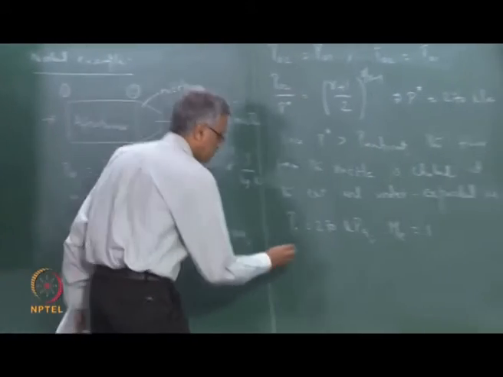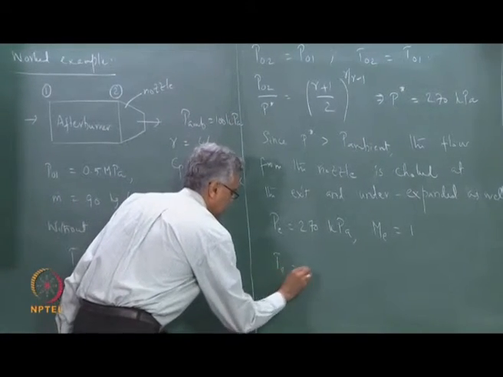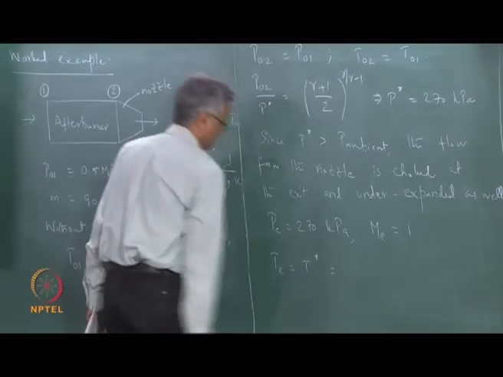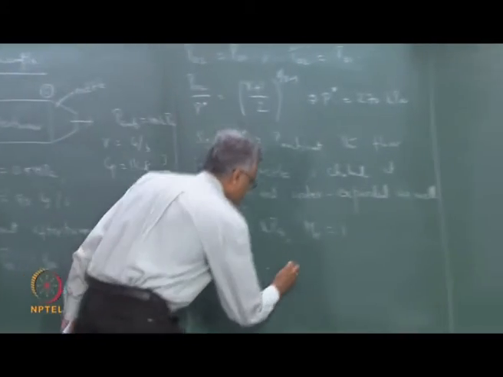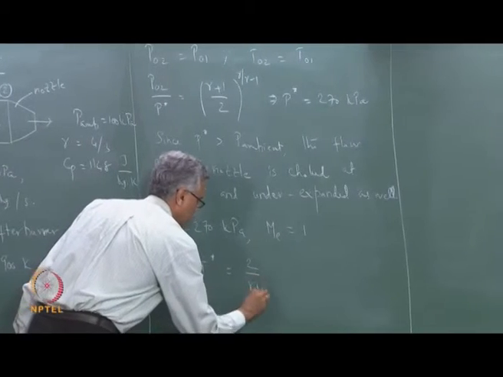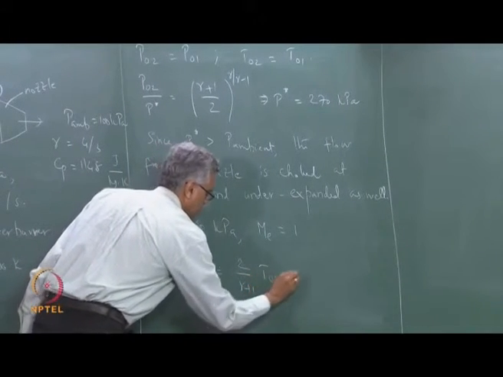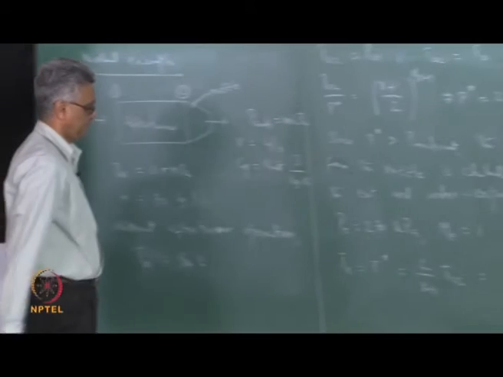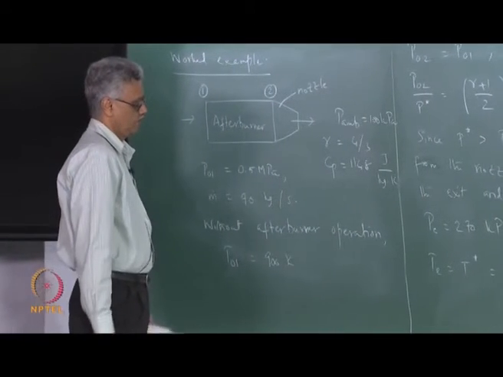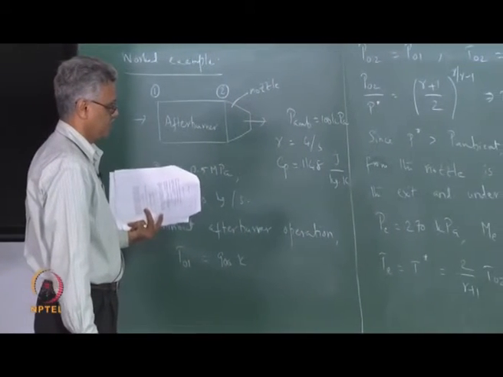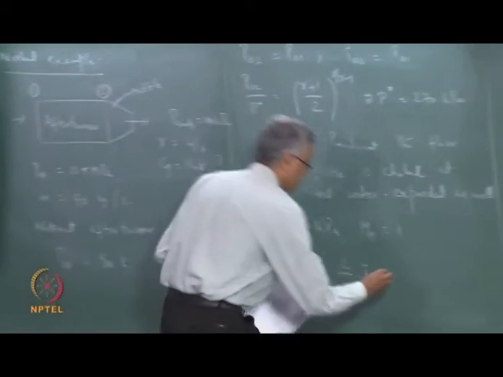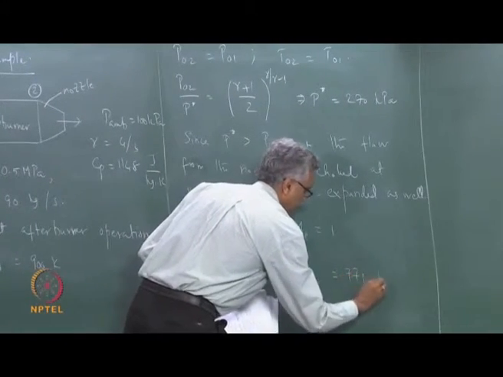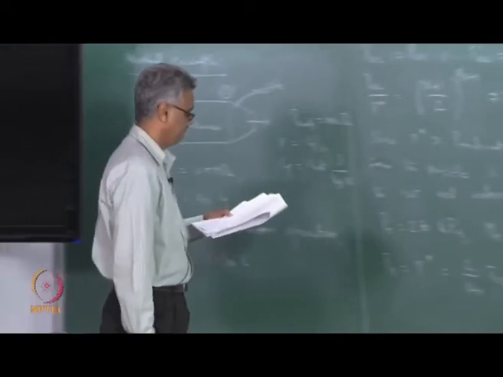So, I can calculate T exit is equal to T star, and that is nothing but 2 over gamma plus 1 times T02, and this comes out to be 771 Kelvin.